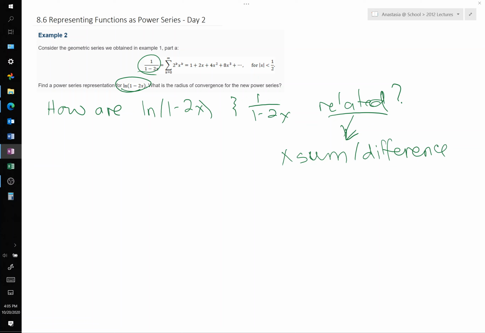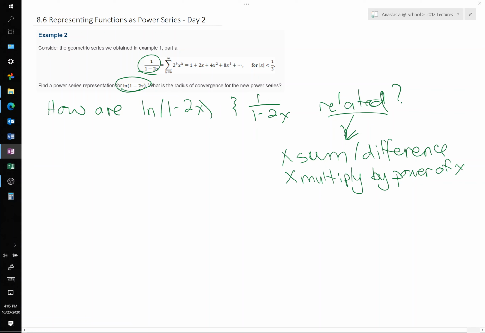So that's not the option that we want to use here. We also can multiply by a power of x. So that would mean we would take our 1 over 1 minus 2x and multiply by a power of x to get to the natural log of 1 minus 2x. That's definitely not the case here.